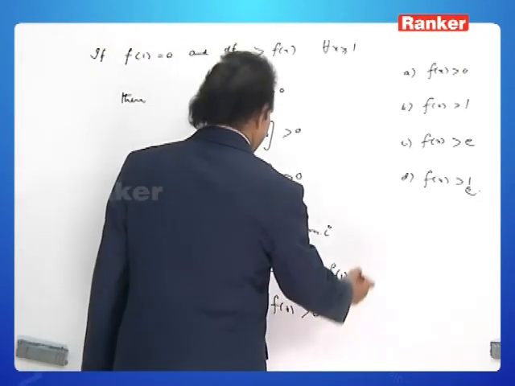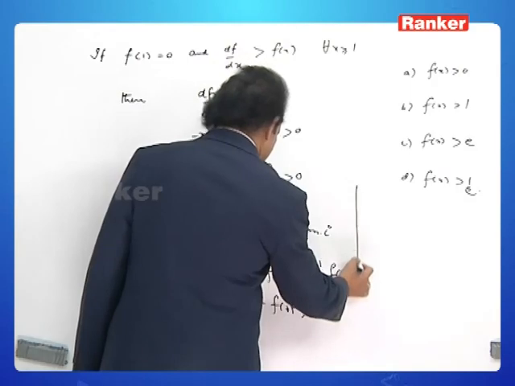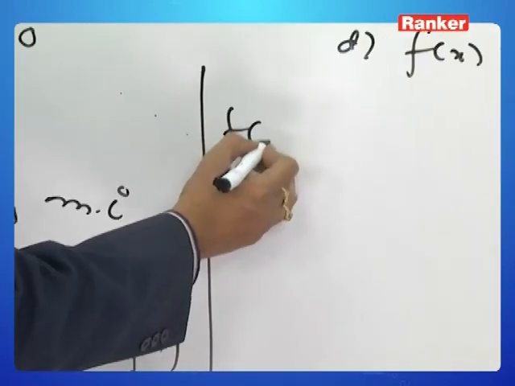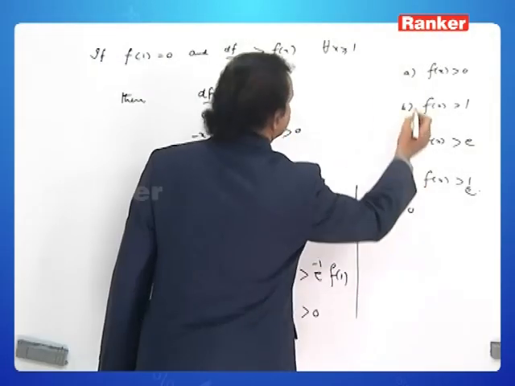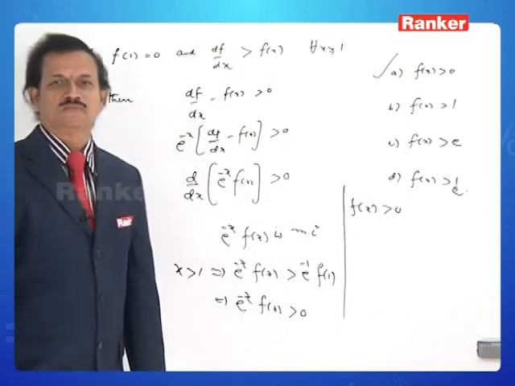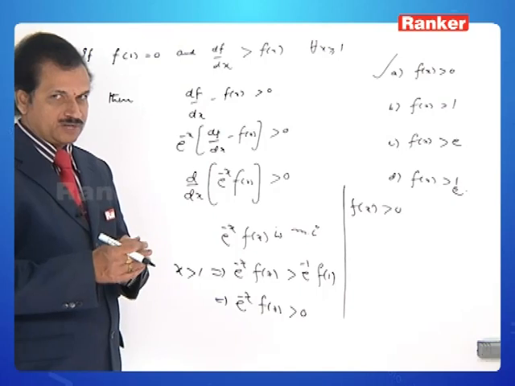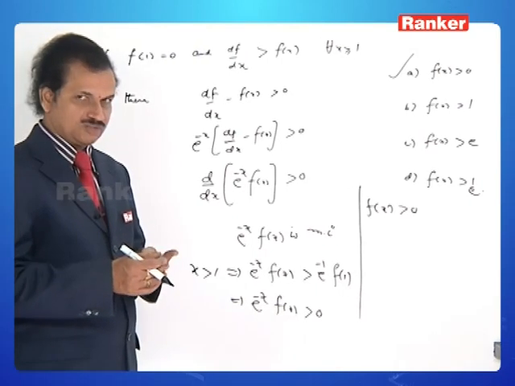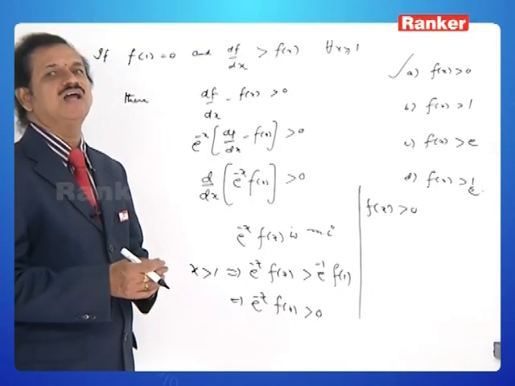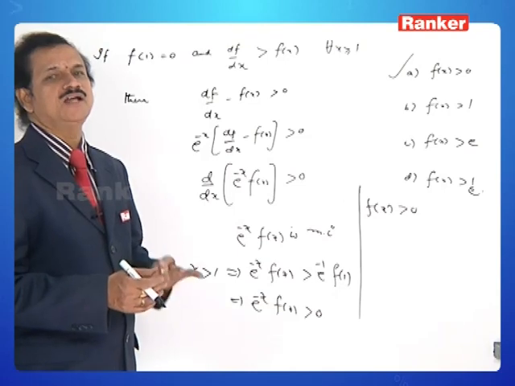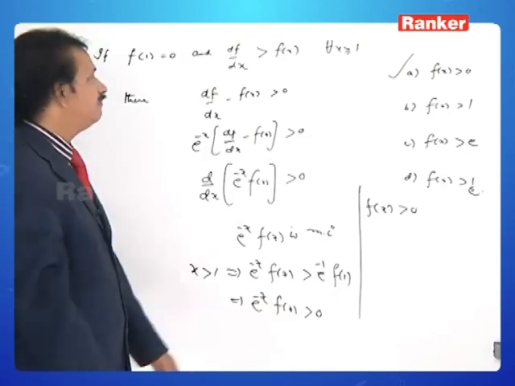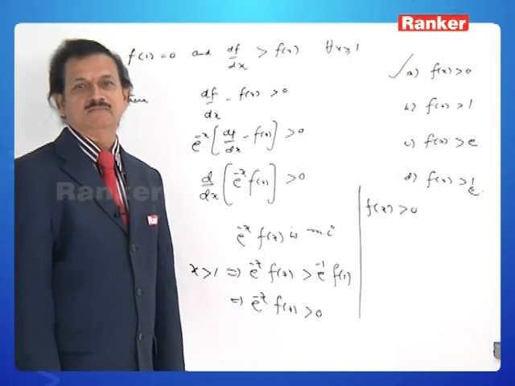So you can divide or multiply with e power x on both sides, so you have f of x greater than 0. The first option is the right option. So, this is the problem in which linear differential equations and monotonicity both are involved. That is why we can say that this is a special problem.